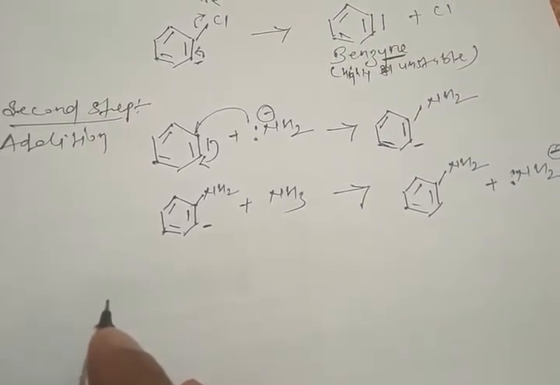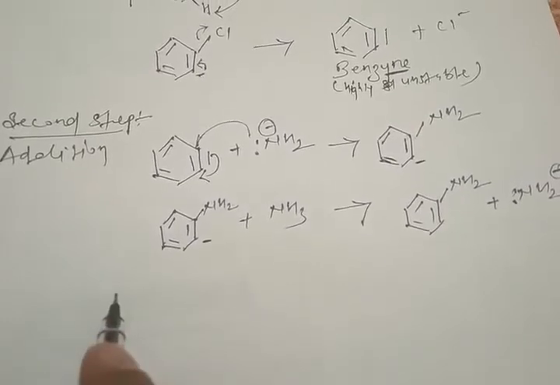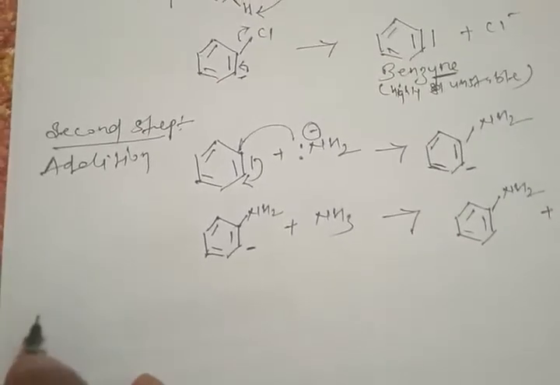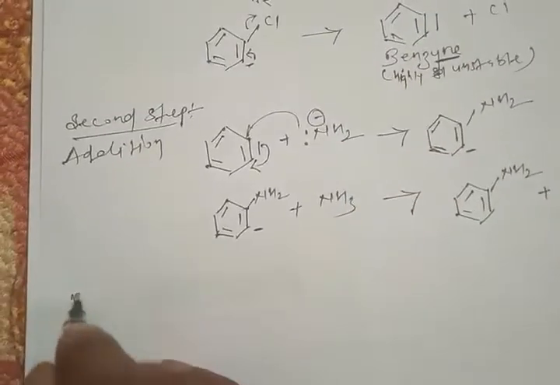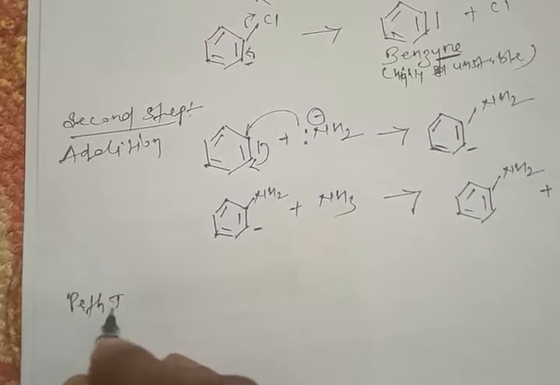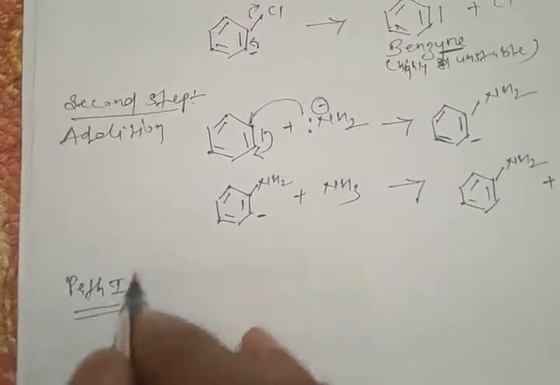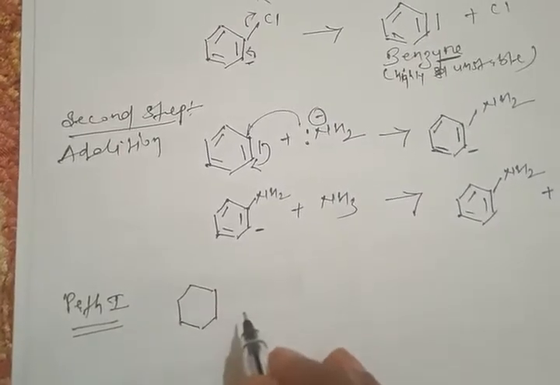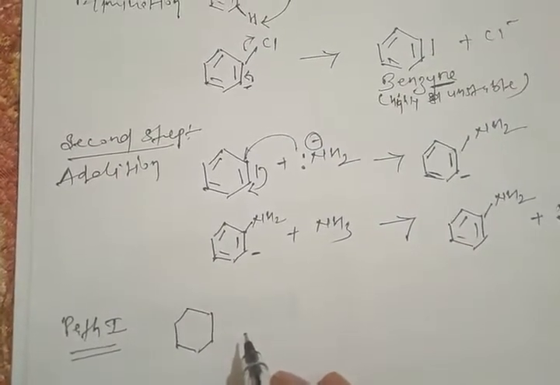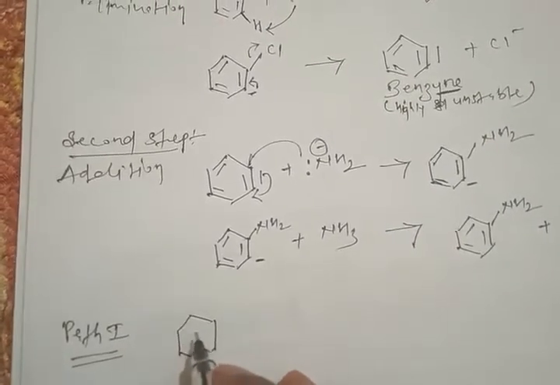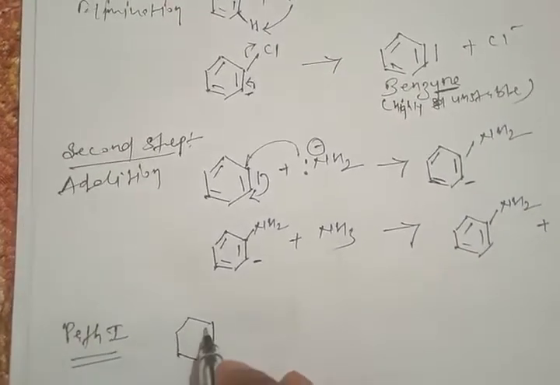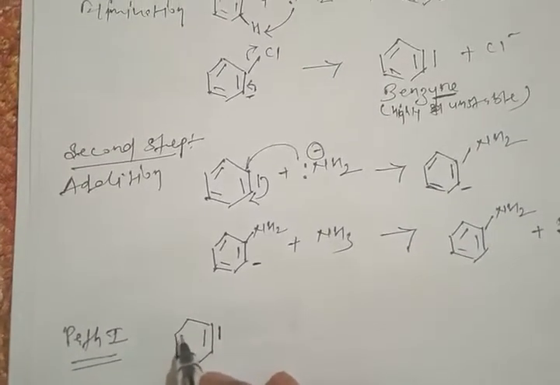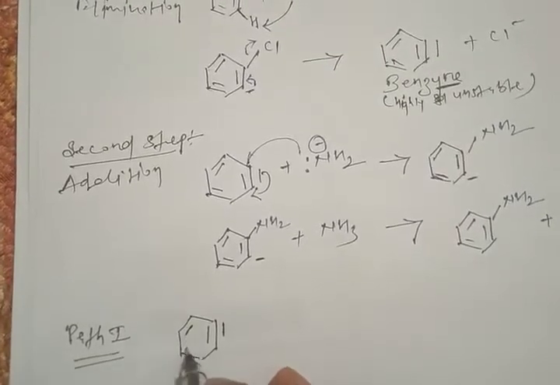So in the second stage of addition, as we have two ways for the addition, we'll follow path A or path first. In that case, as we have the benzyne intermediate now, let's talk about this benzyne intermediate.